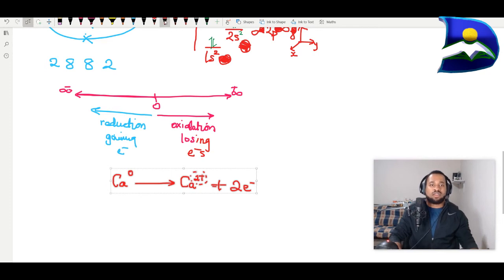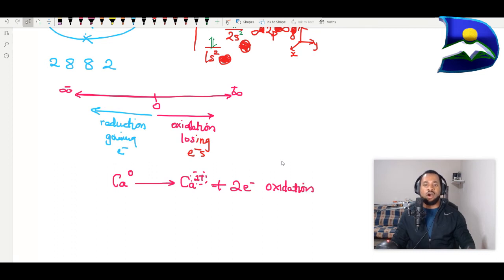So, in this particular case, let's change the color to something more appealing here. We have a couple of colors here that don't really line up. Yeah, perfect. So, this actually performs our process called oxidation, or it is oxidized.